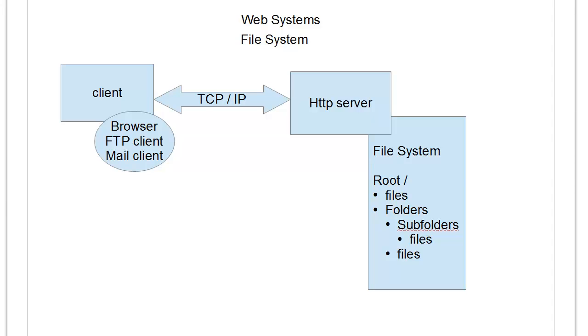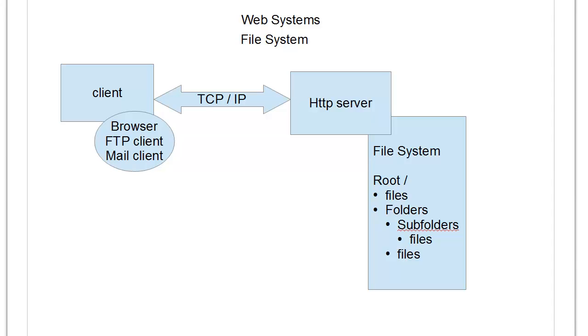What a file system does is simply allow us to organize the information that we want to present so that, for instance, you don't have 1,000 files in a single directory. When I use the term folders, I also mean directories, so I may use those interchangeably.